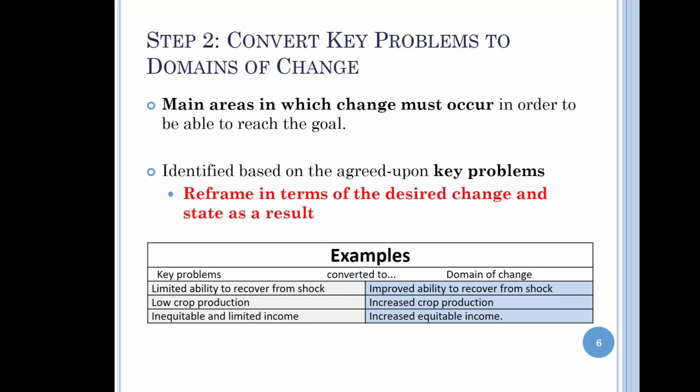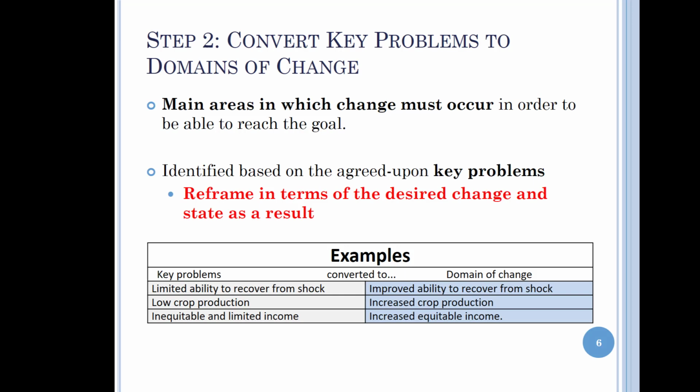Domains of change statements are determined by simply rephrasing the key problems into positive statements of desired results. A certain number of domains of change may ultimately lead to achieving the same goal. We should choose the words carefully, knowing that each of these steps will need to be measured with an indicator.